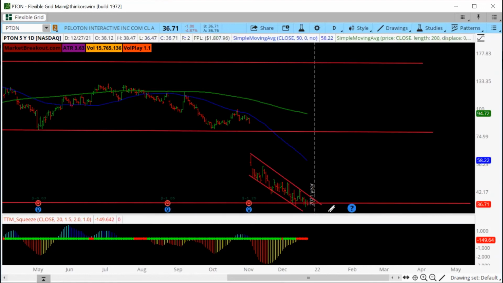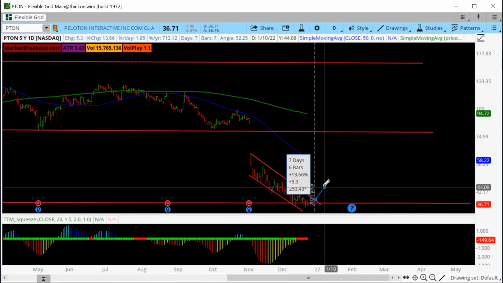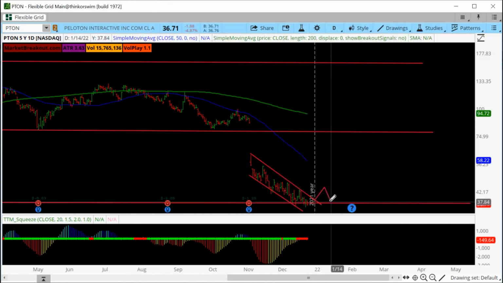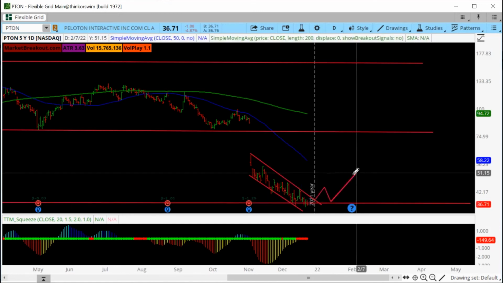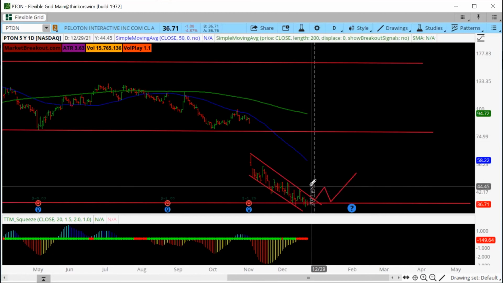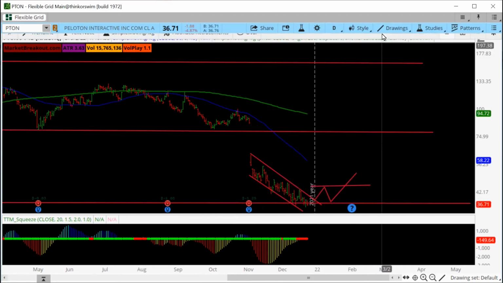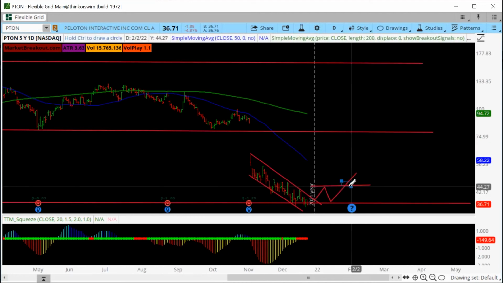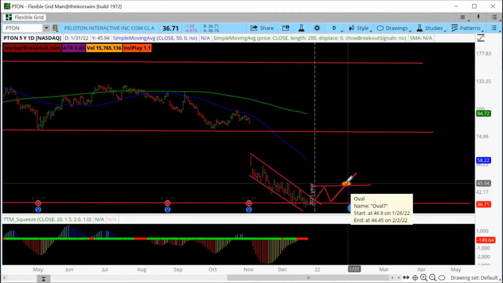It can go lower. If the stock breaks this channel up, and then after breaking this channel shows us a pullback, then we can buy only if the stock crosses this line after the pullback.